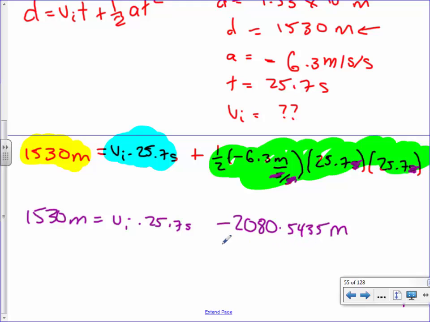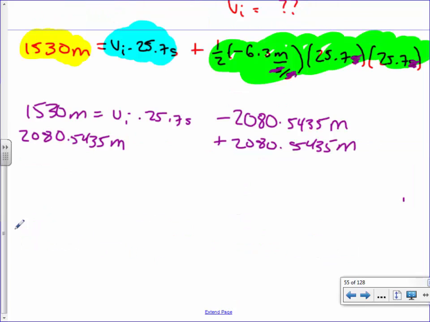To get rid of it, I need to add 2080.5435 to both sides. Does that make sense? The idea of how you need to add it to both sides? So right over here, the 2080.5435 was there, and I've subtracted it. Now it's gone.